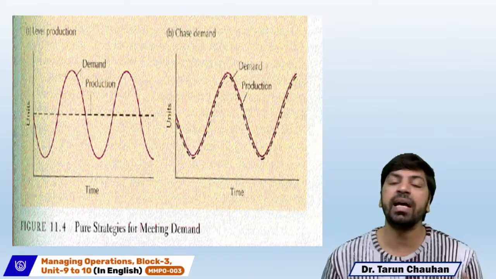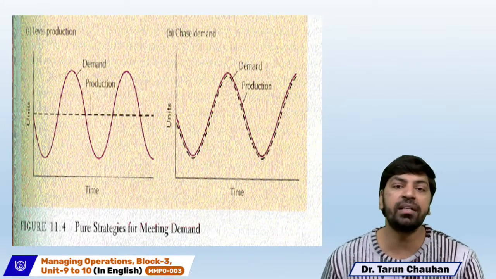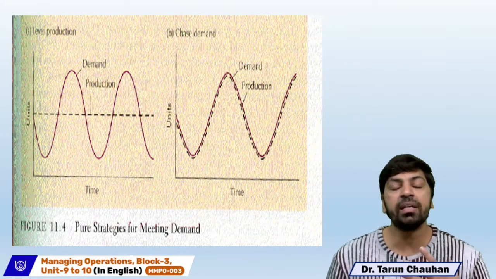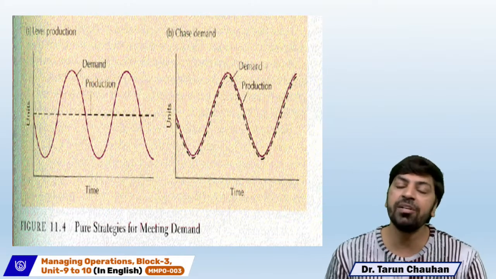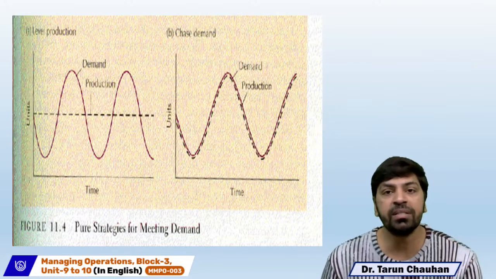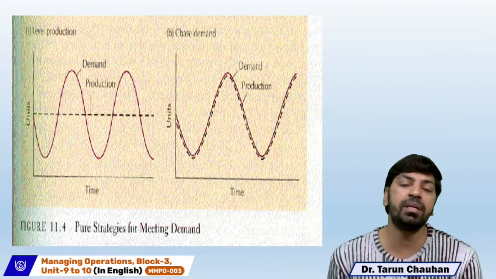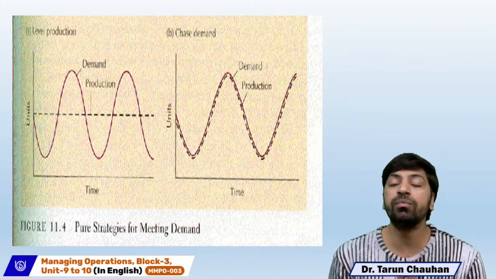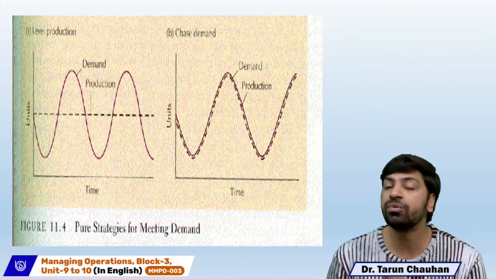But in the case of the chase strategy, it always tries to match the demand with the production. So if the production decreases, let's say by 10%, then the demand should also decrease by 10%.